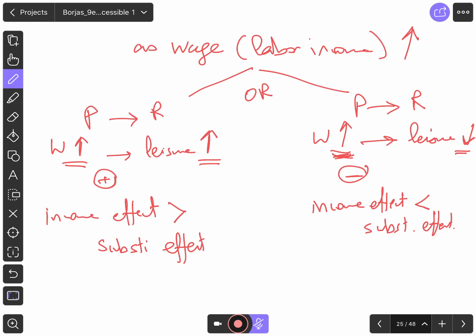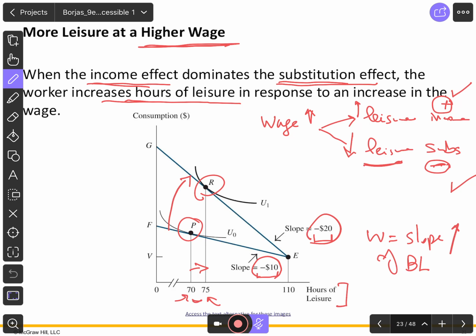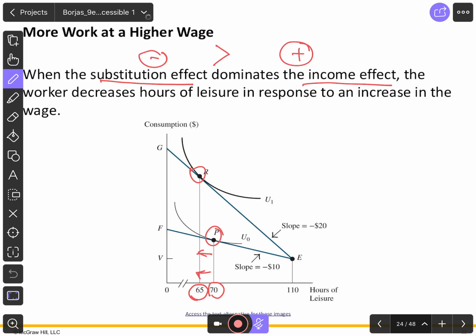If you check the first one, here we have an increase from 70 hours of leisure to 75. Here we have a decrease in hours of leisure from 70 to 65.